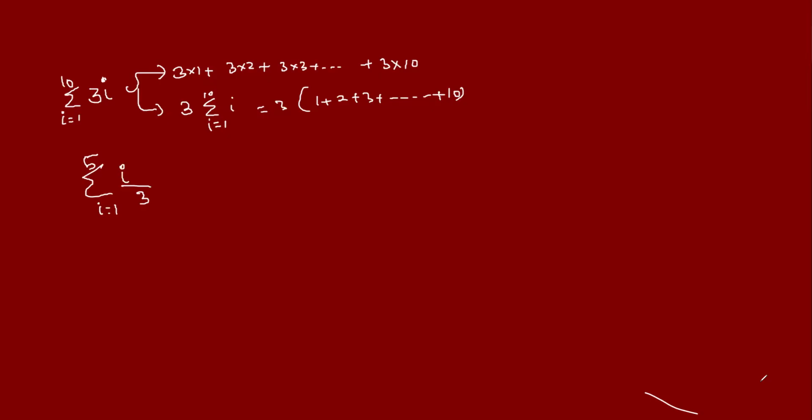Why going to 10? Upper limit is 5. Or 5 plus 5, sorry. So this is 1 over 3, not 3. So i will be 1, 2, 3, 4, 5. Only this. Understood? Okay. It will be 15 over 3. 5 is the answer.